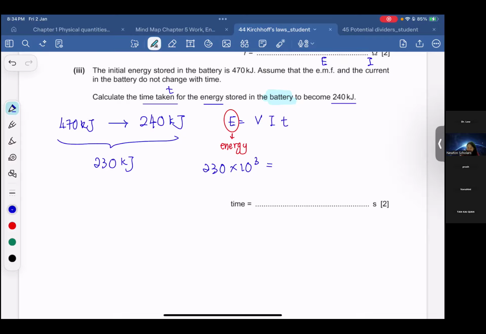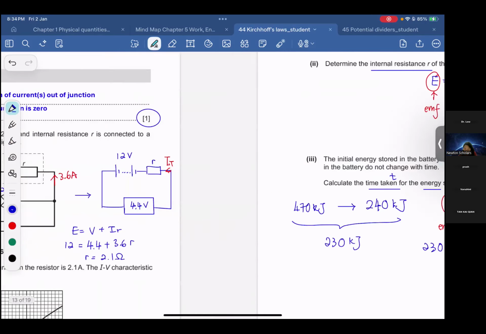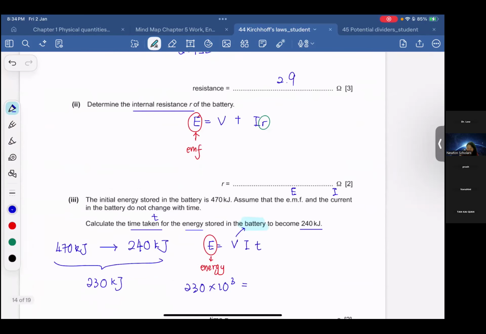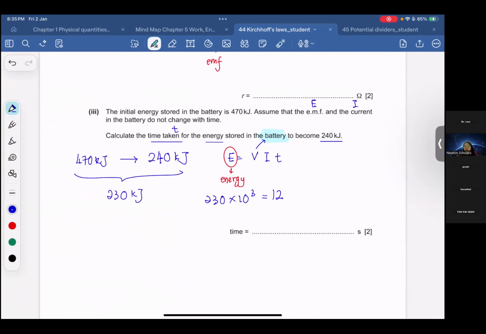Okay, here, dear. Battery. So for the battery here, the V is actually talking about the EMF, the EMF of the battery. So in our question here, our battery is 12. So we should put 12 here. Okay, Fawal, you didn't see the kilo, yes.